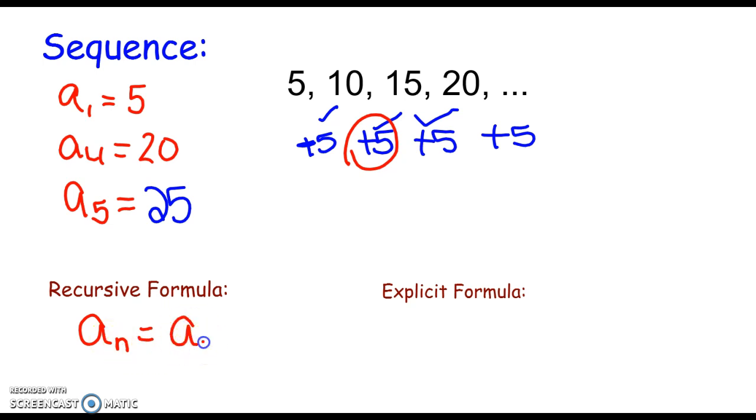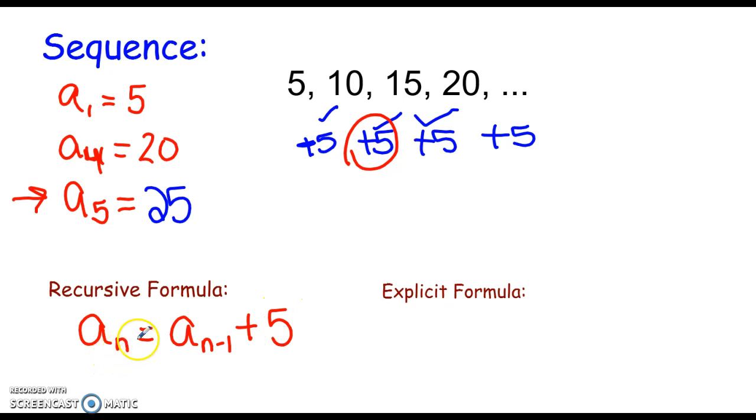So if A sub n is the term I'm on, the term before it would be n minus 1. Think about it. If I'm on the fifth term, the term before it is the fourth term, which is 5 minus 1. So the recursive formula will always have an A sub n minus 1, meaning it's in respect to the previous term. So this particular formula would be A sub n minus 1 plus 5.